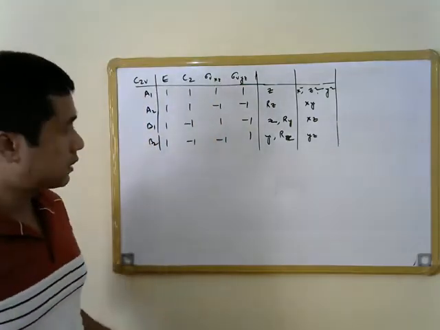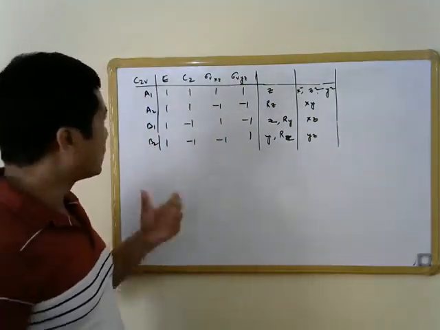These are the basis functions that we have already derived for the C2v point group.